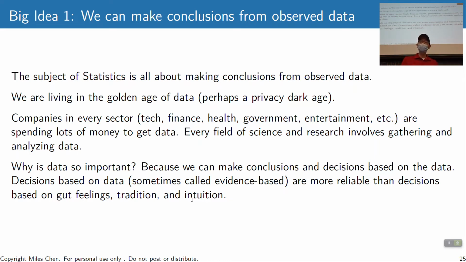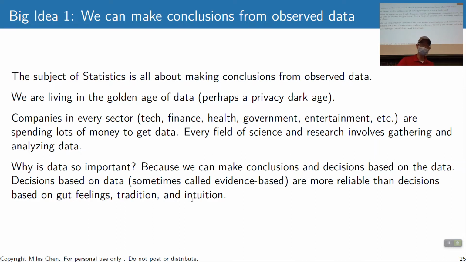And I don't know, maybe it will continue to have tons of data, but we're at the time where, in the past decade or so, tons of data have become available, and we're realizing that it's a valuable resource, and it can be harnessed to make decisions and things like that.